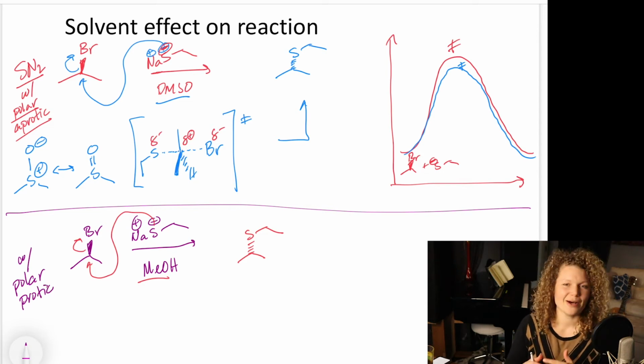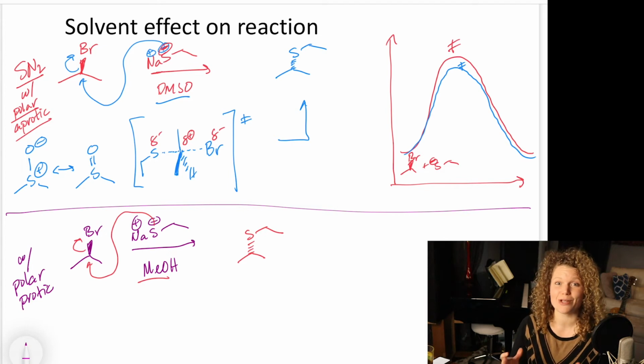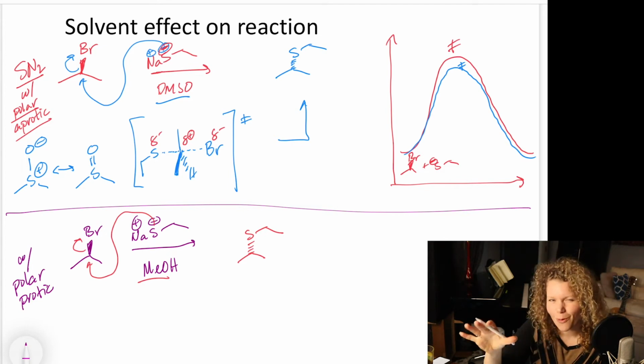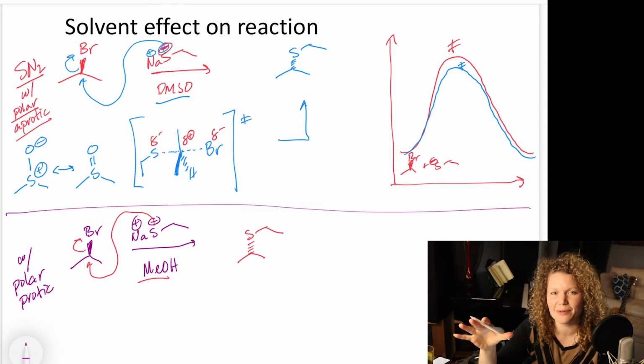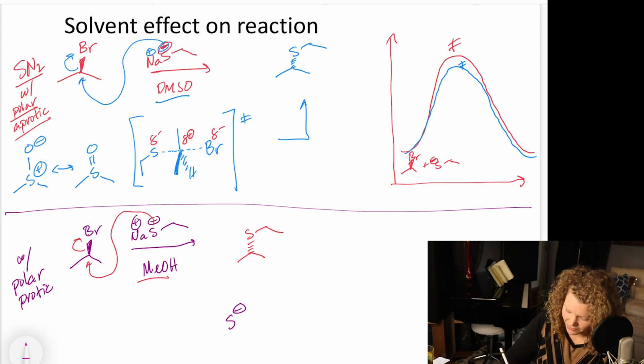Now, I talked about these solvents stabilizing these charges in transition states, but there can be a negative effect if you have too much stabilization, all right? We want the solvent to support some of the charges that are happening, but we don't want it to inhibit. So we're going to draw out our thiolate here, and we have our sodium hanging out here.